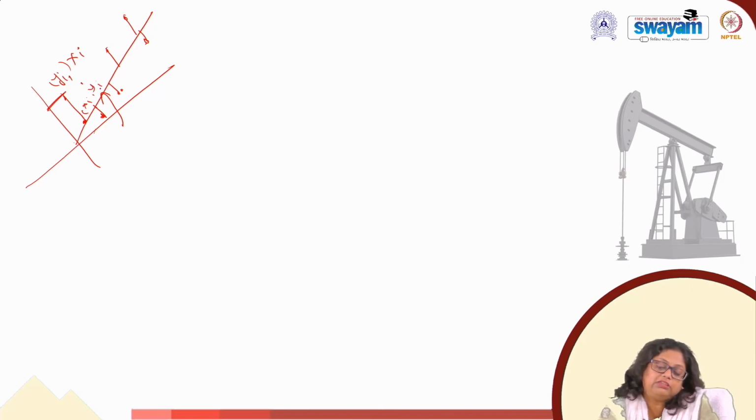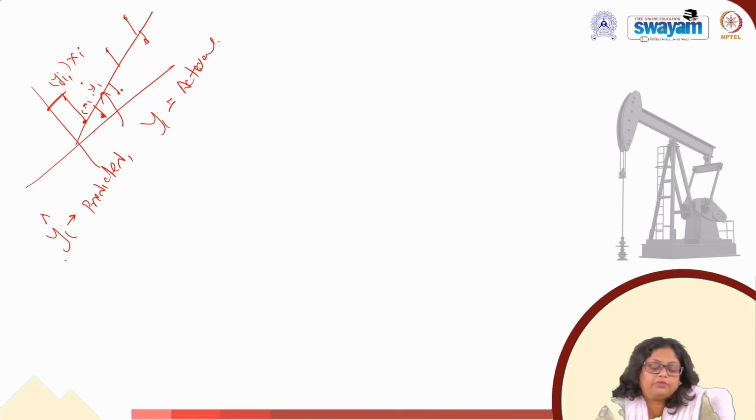This we call the predicted value. So how do we represent it? We represent it with a hat. So y hat is my predicted value, and yi is nothing but the actual value.